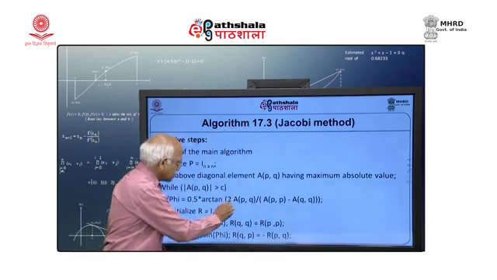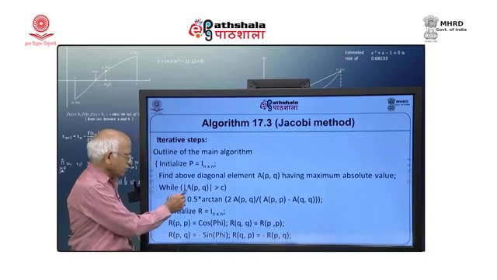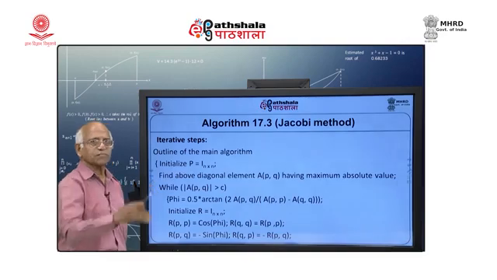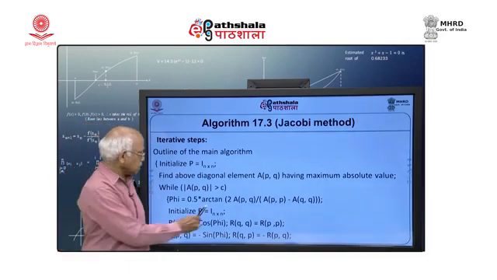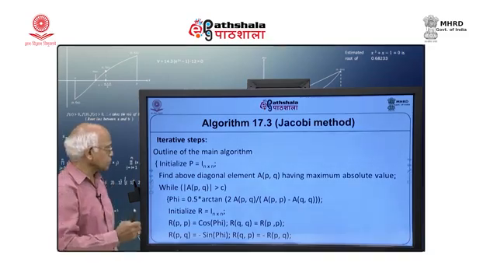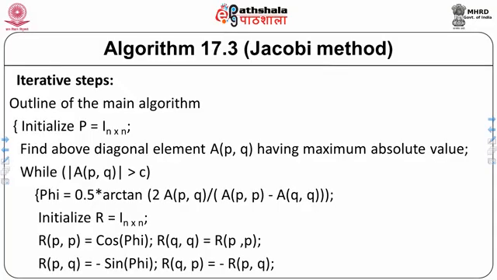This selection of phi makes sure that in the next iteration A_PQ becomes 0. This formula can be worked out by finding the new A_PQ and equating it to 0, and from that you get the phi value.